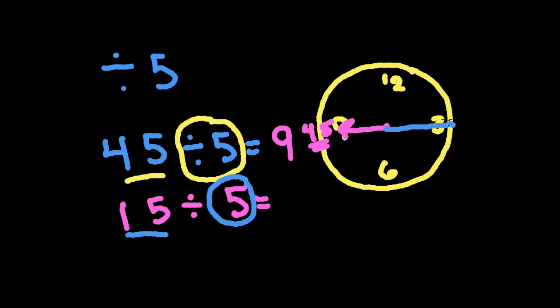Well, the big hand for 15 minutes past the hour is on the 3. So the answer is 3. So it's just using the time and the clock backwards. So it's really good to get your kids to associate each of the numbers in the clock with the minutes past the hour. It helps their multiplication facts, their division facts, and their ability to tell time.